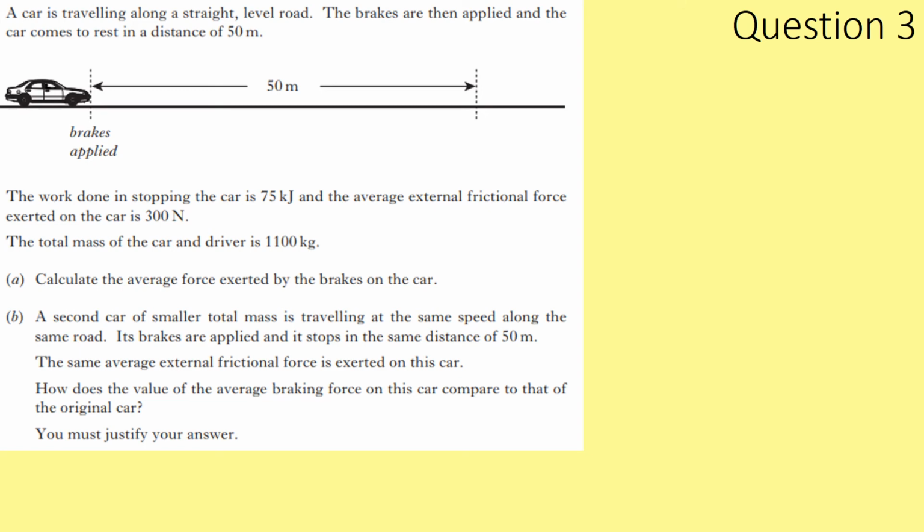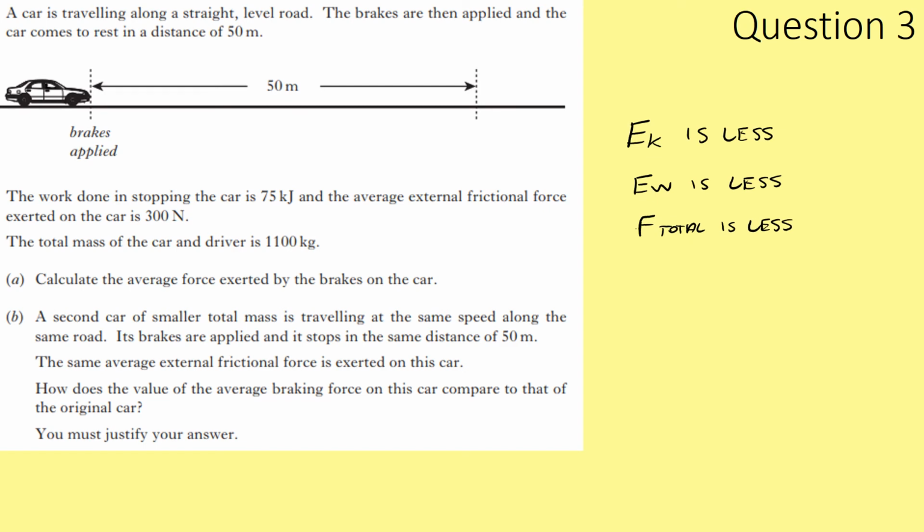So because we have a total mass which is decreased, we can say that the kinetic energy of the car is less. So the initial kinetic energy of the car is going to be less, which means that the work done, the EW, in slowing the car down is also less. Now, assuming we have the same stopping distance, that's 50 meters, that means the average force, or the total force, is less.